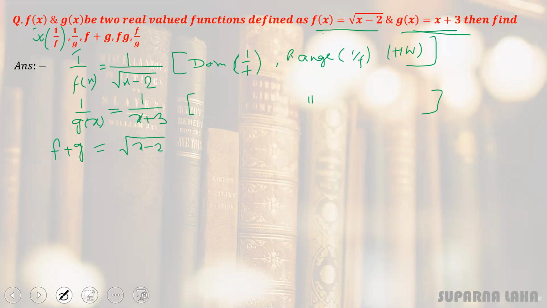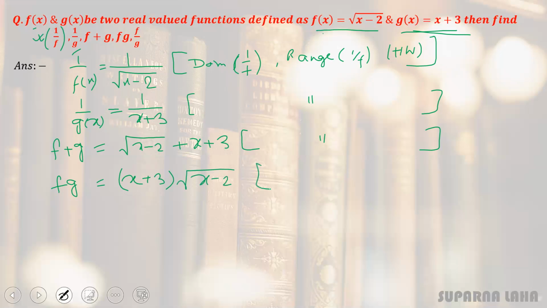Just simply add these two functions, x plus 3. Same homework, find its domain and range. f into g. x plus 3 is the function g, and root over x minus 2. Same homework, find its domain and range.